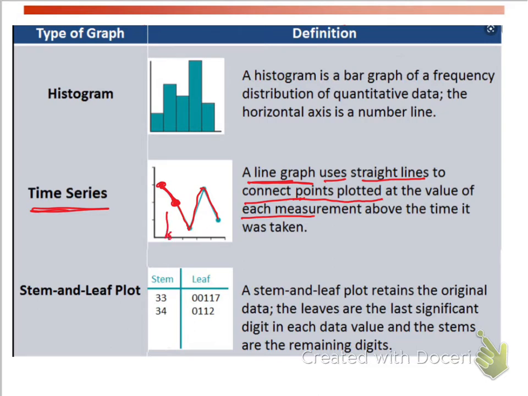I'm taking the measurement, for example this measurement, and then I'm plotting it here, above the time it was taken. So at 1 minute I'm plotting this one, at 2 minutes I'm plotting the next, at 3 minutes, and so on. So on the x-axis I identify the exact time when I take the reading, and then go above it or below it and plot it on the graph.